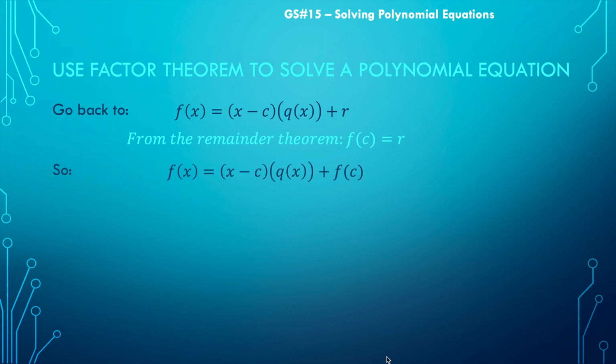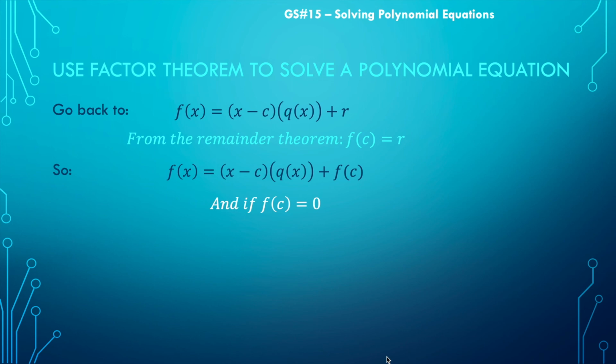That means that the function f of x would be the same as the quotient times the divisor plus f of c, the remainder. Now, what if we said f of c is equal to 0? If f of c is equal to 0, then that last piece just drops off.